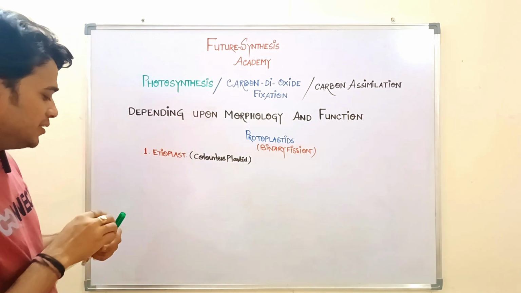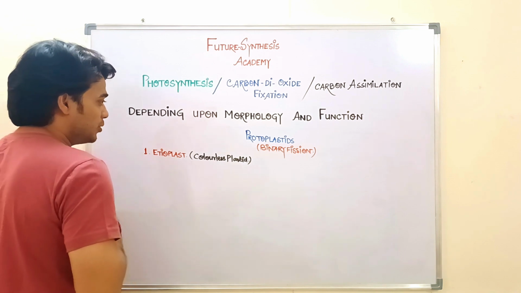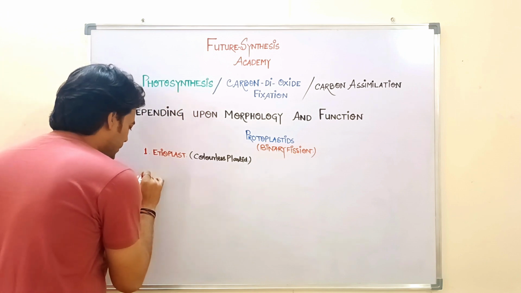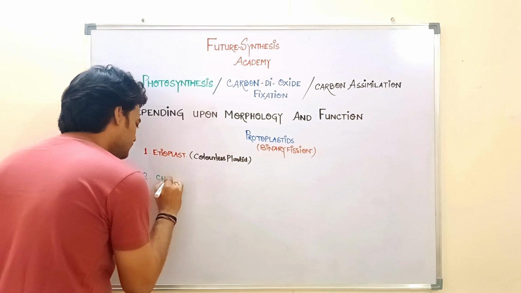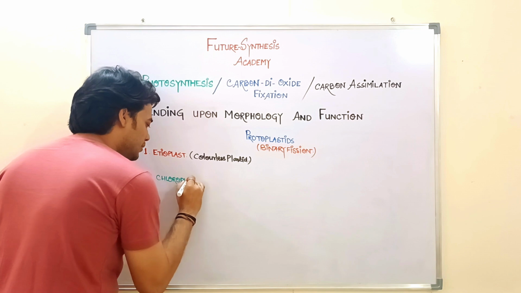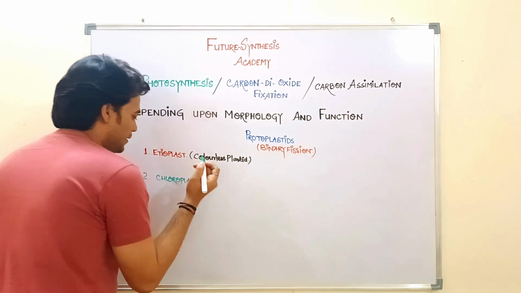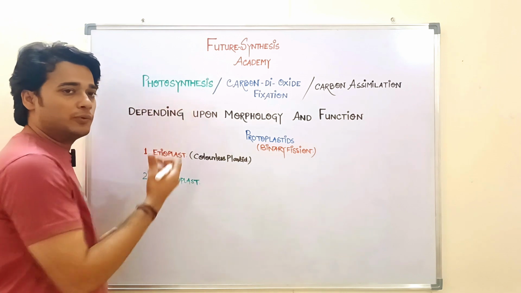The second one is basically the most important, on which our whole photosynthesis depends, the chloroplast. Now the chloroplasts are basically the main organelle which is involved in photosynthesis.